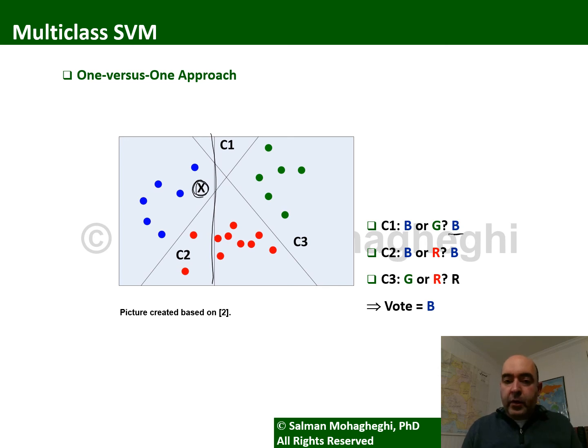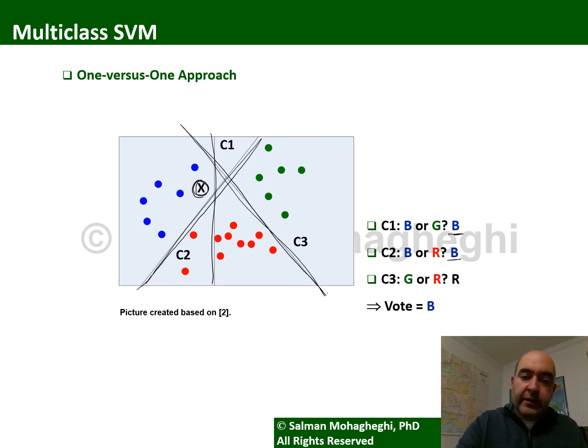Then I ignore class green, and I do a classification between blue and red. I use SVM to derive this decision boundary. Based on this decision boundary, again, that observation belongs to class blue. And then lastly, I ignore class blue and I do a classification between green and red. Considering green and red, this is going to be my SVM decision boundary, and based on this decision boundary, X belongs to class red.